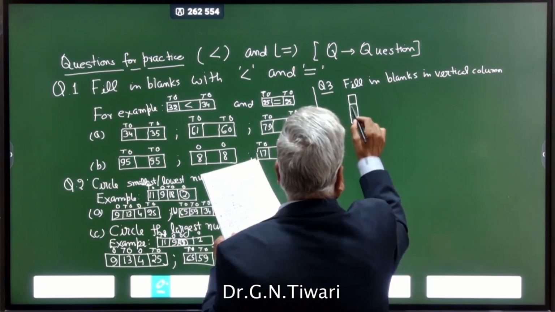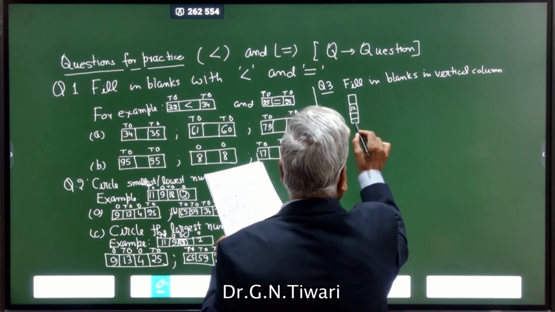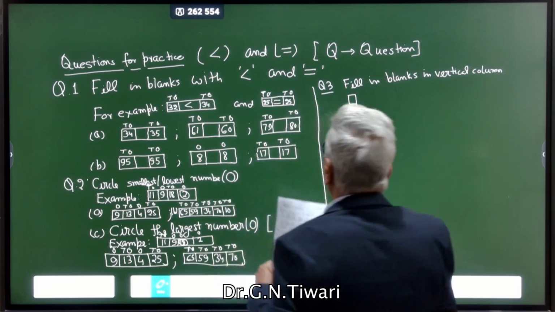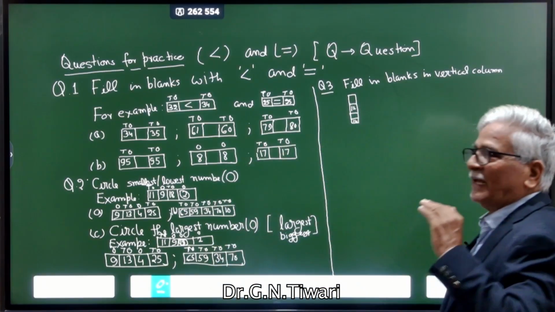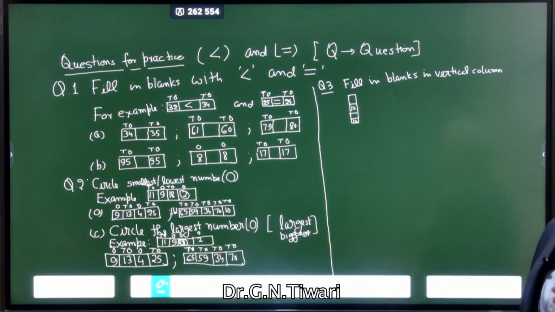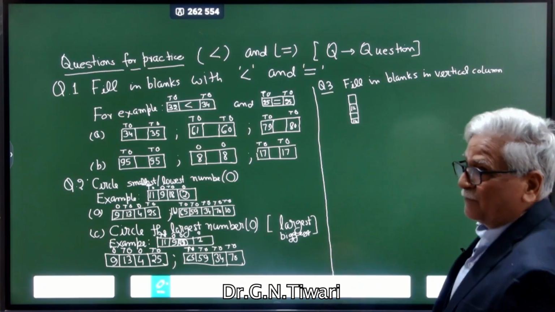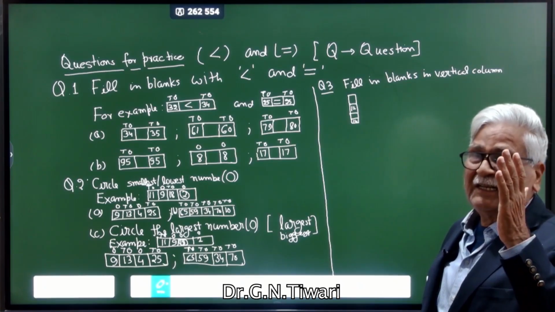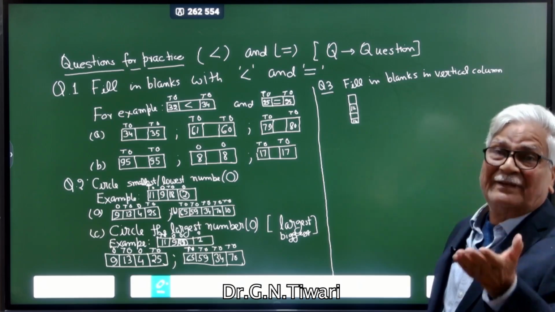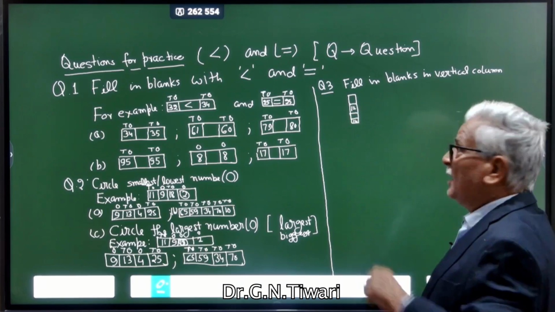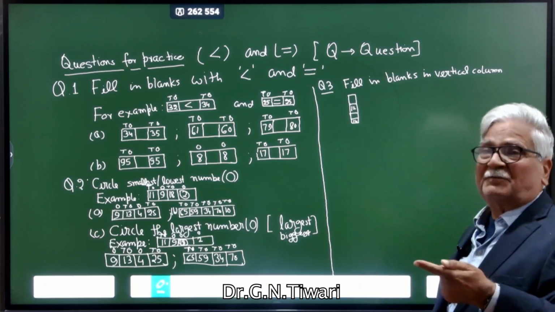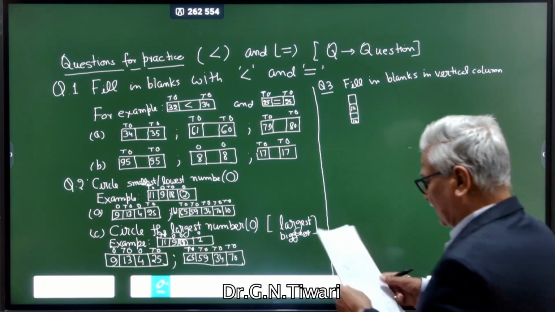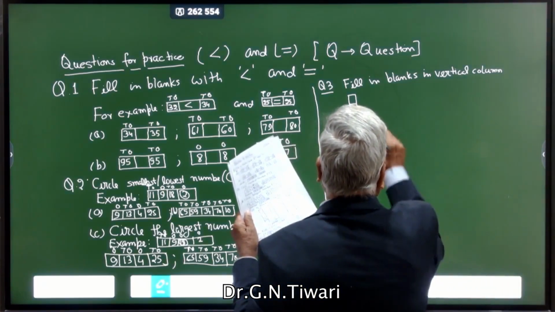Then 12. Blanks here. 14. So in this way, he should understand which number comes before 12. So it should be in their mind. Before 12, there is 11, so you should write 11. Before 14, what should come? This is only for practice.